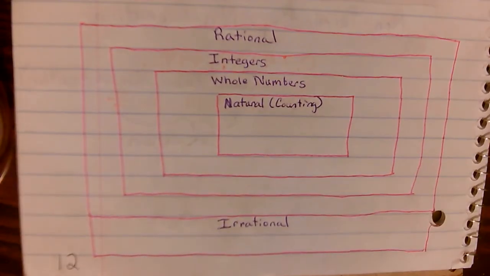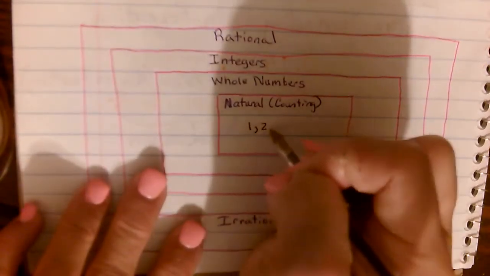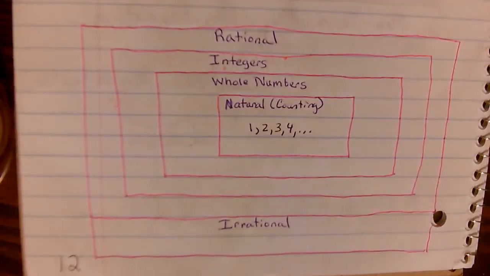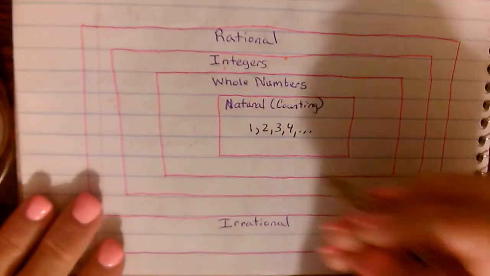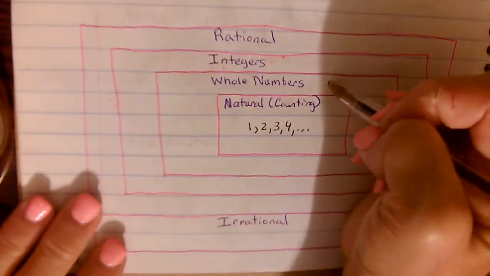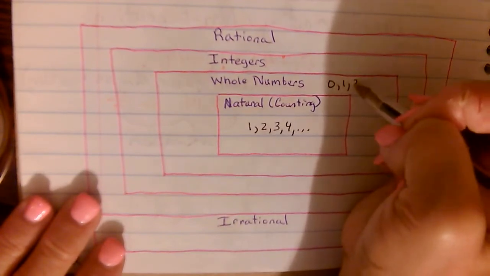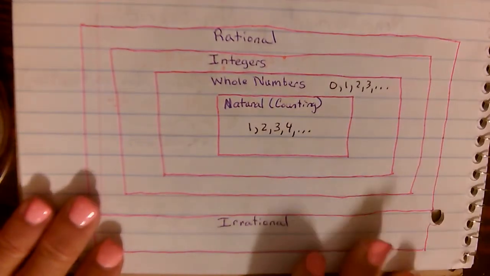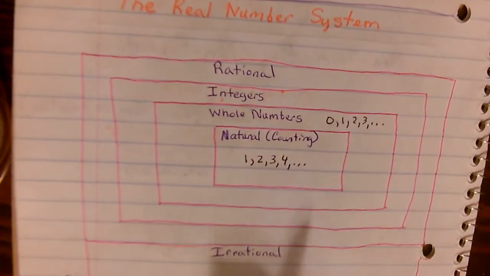So in these sets of numbers, examples: natural, that's counting. That's 1, 2, 3, 4, and so on. Whole numbers include one more thing. They include everything that's in here, because you notice this box is inside this one, and they also include 0. So whole numbers are 0, 1, 2, 3, and so on. Now integers are whole numbers, 0, and their opposites.